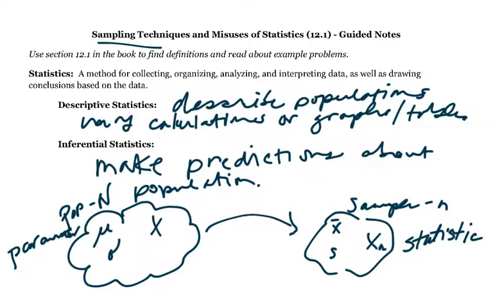So if you have the population standard deviation, that is an example of a parameter. If you have the mean of the sample of size n, that's an example of a statistic. One way to remember is population starts with P and so does parameter. Sample starts with S and so does statistic.